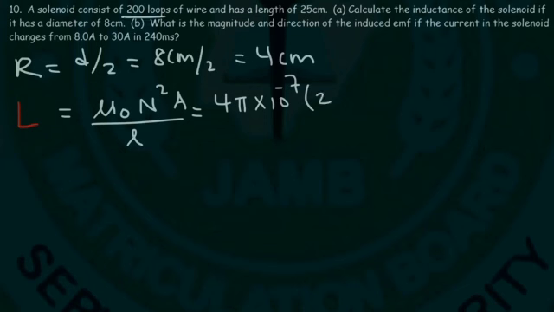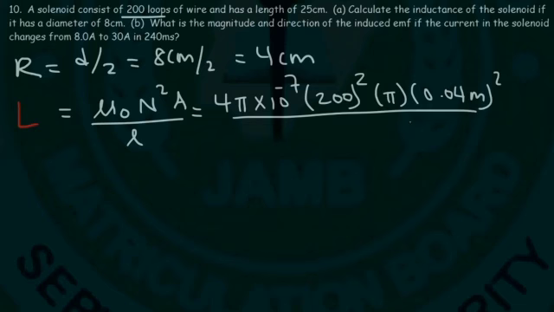The solenoid consists of 200 loops, and the solenoid is usually made up of a circular coil of wire, so the area is going to be pi times r squared. I should have mentioned circular coil of wire, but if you see the keyword diameter, it's associated with a circle. So this is going to be 0.04 meters squared, divided by the length of the solenoid, which is 25 centimeters, or 0.25 meters.